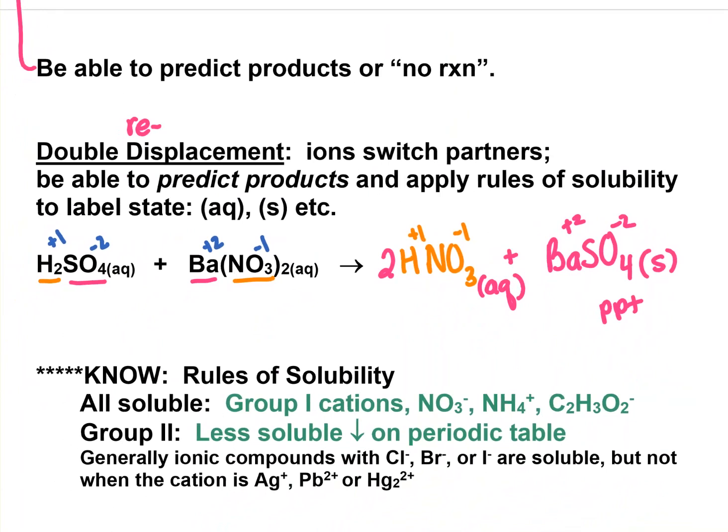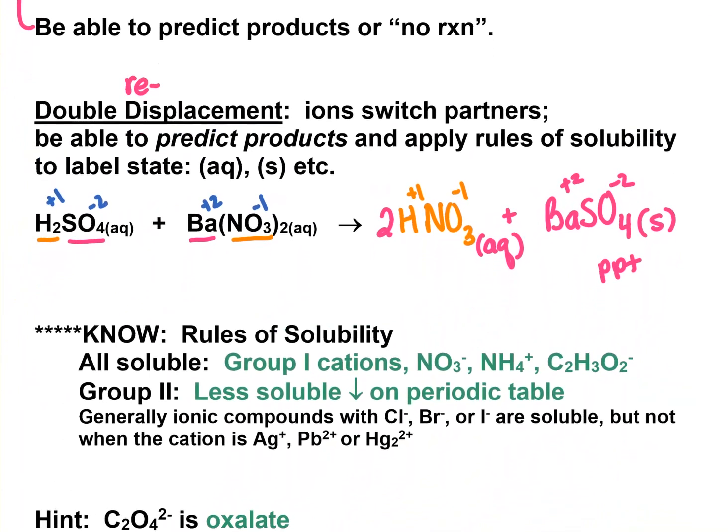And then we're going to do a few more of these, but you need to know your solubility rules, and these are the ones that you need to know for lab. Your experiment today involves group 2 ions, like magnesium and barium and calcium and those in the second column of the periodic table.